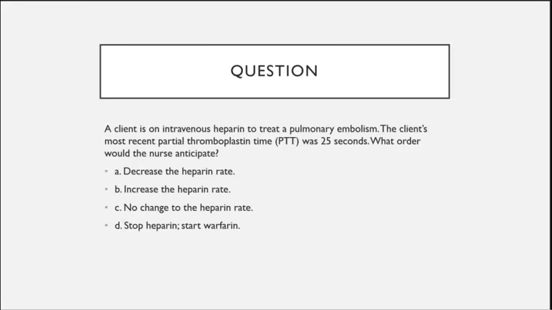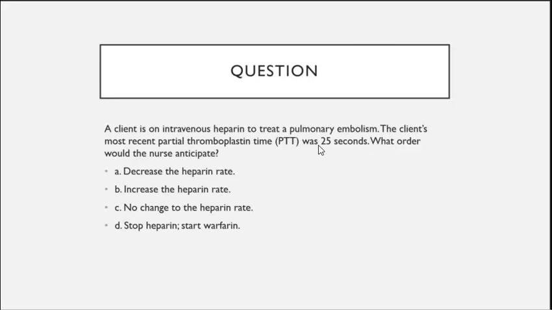Well, that's 25 to 35 seconds. So we have IV heparin on board, and they still have a normal PTT. So that means that they're bleeding at a normal rate. If we're on heparin, we want them to bleed a little bit longer. So we want them to bleed for 1.5 to 2.5 times 25.